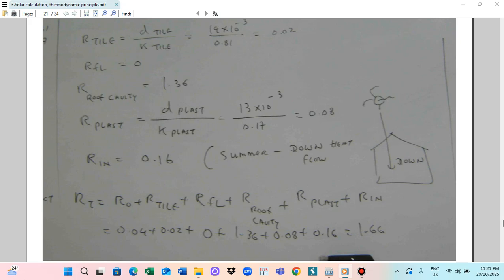R tie is 0.02. RF is 0. R roof cavity is 1.36. R plus is 0.08. And R in is 0.16. So by solving this you get the total R. This total R becomes 1.66.